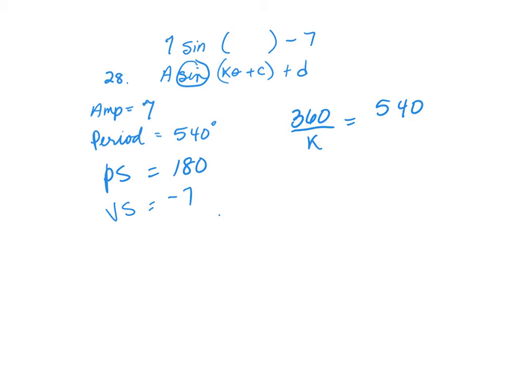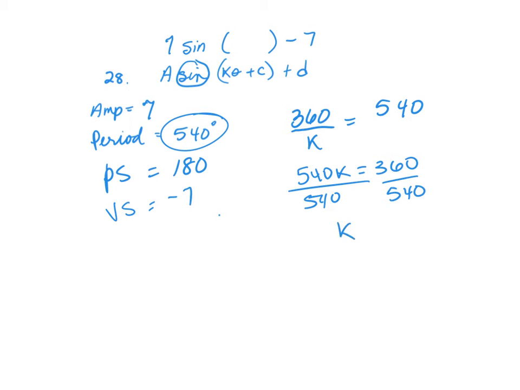Everybody see that? So now we do 540K equals 360, and 540 divided by 540, and you get a fraction. K is 2/3. Now we have to go on to find the C. Phase shift is negative C over K, which is 180. They told us the phase shift is 180, which is pi.